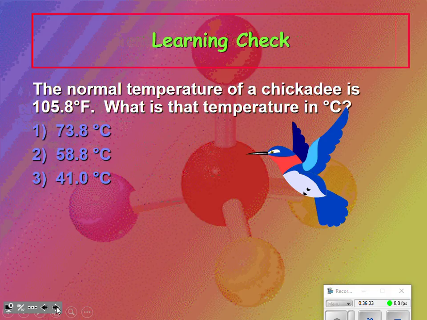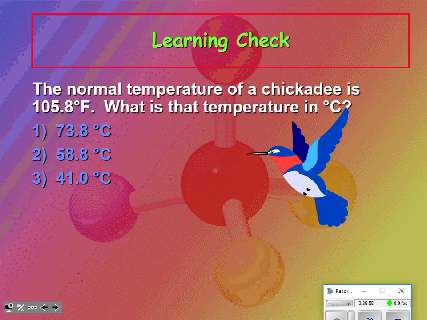What is the normal temperature of a chickadee? Well, not what is. The normal chickadee temperature is 105.8 degrees Fahrenheit. What is that in Celsius? Go ahead and calculate that. What'd you get? A, B, or C?